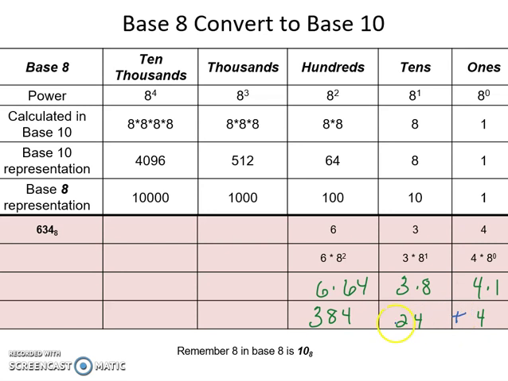And here we will just add these numbers together so that in base 10, we get 412 base 10. So 634 is bigger than 412, but it's not really any more writing for us. But the 634, the computer's going to understand a little bit better if we tell the computer that's what we're writing in.